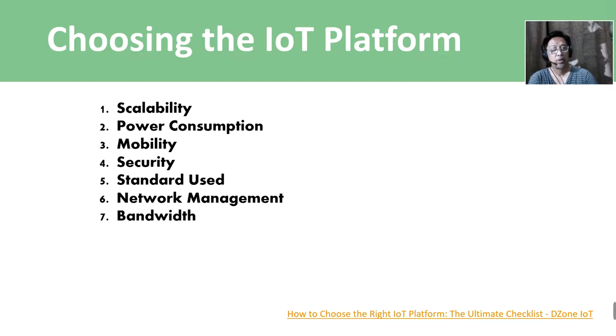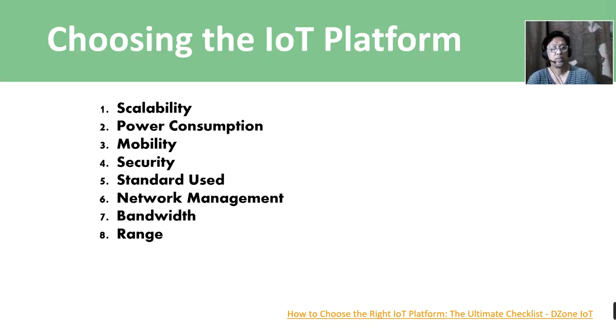And then bandwidth requirements. Does your IoT application, it could be a program or a device or a system, need a lot of bandwidth? Do you transfer a large amount of data between your application and your server? And then the range.